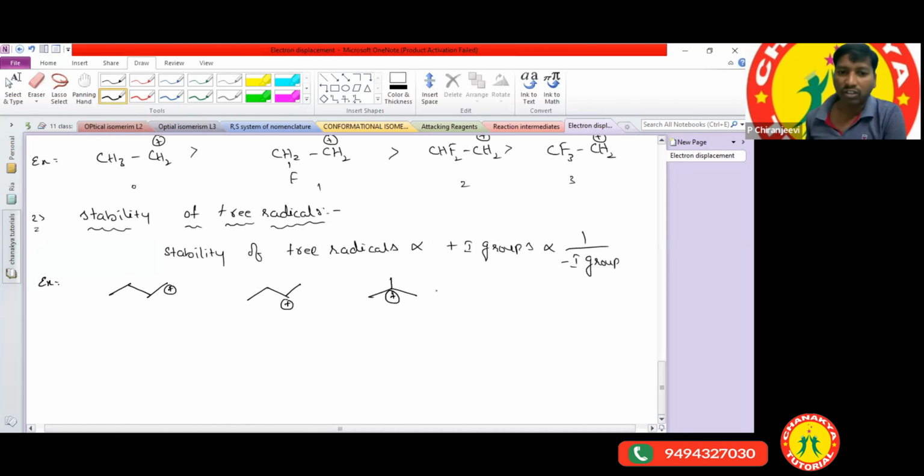Here I have given three structures. The structures are correct; only the representation is different.